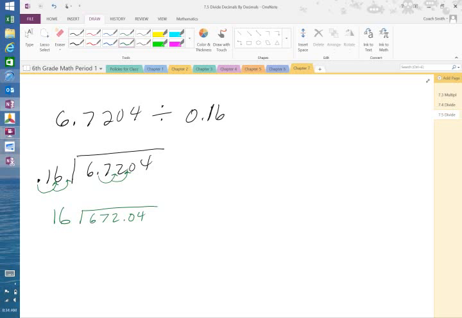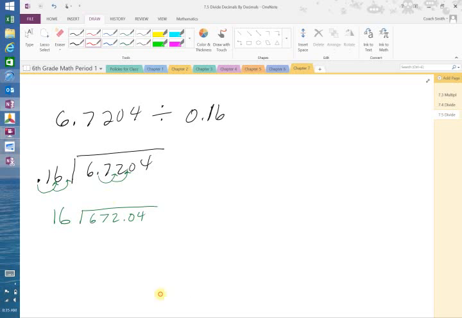Okay. So then I take 16 into 67. How many times does 16 go into 67? Not everybody at once. How many times? 5 times. Let's see. No, too much. 4 times.